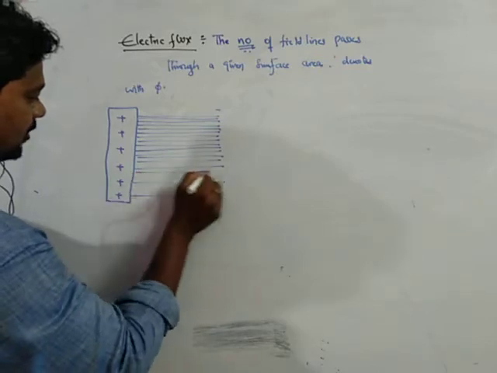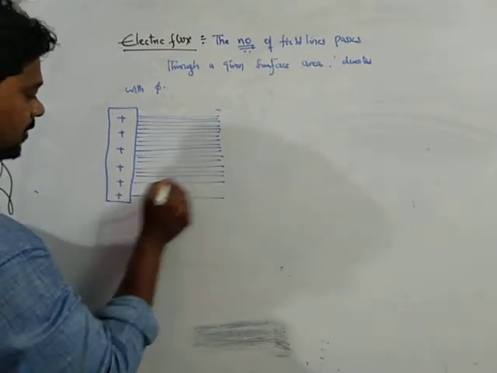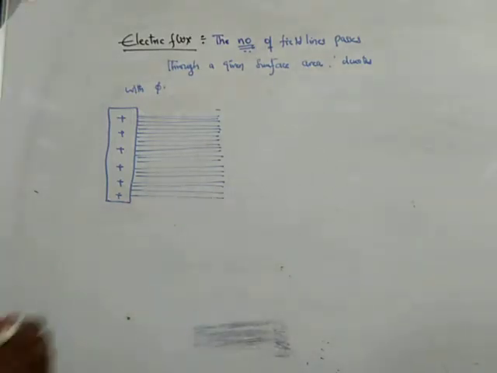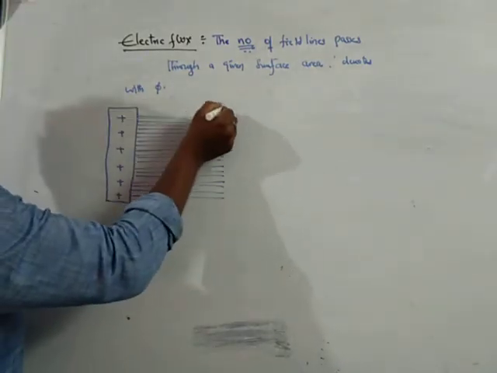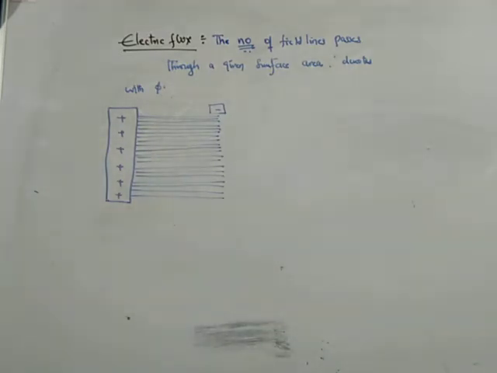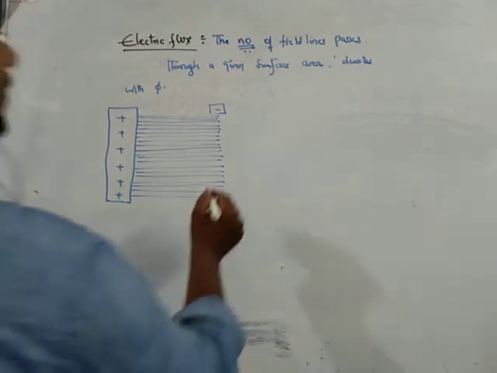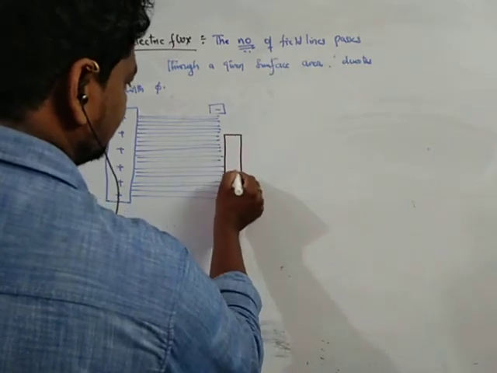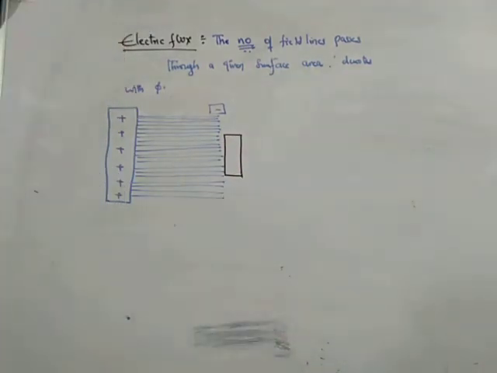According to the field line concept, the field line starts from positive and ends at negative. Here we started from positive and ended with negative. Now we want to define the flux. A flux is nothing but the number of field lines passing through the given surface area. Suppose we place one obstacle here. We place one block. Suppose these are the directions.